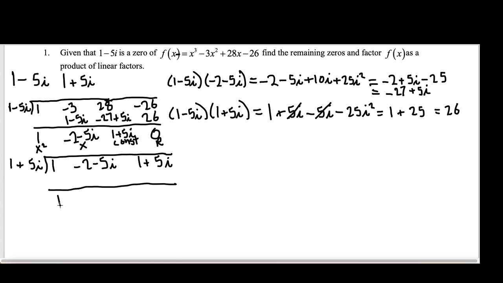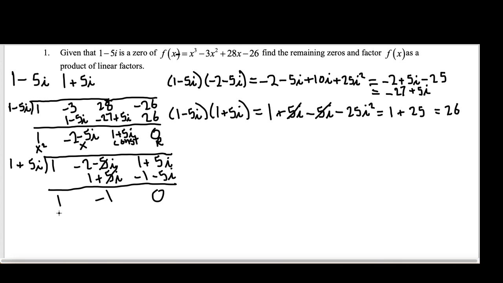Bring down the 1. 1 times 1 plus 5i is 1 plus 5i. In this case, the imaginary parts just cancel out when you add, so I'm left with negative 1. Multiply to get negative 1 minus 5i, add to get 0.